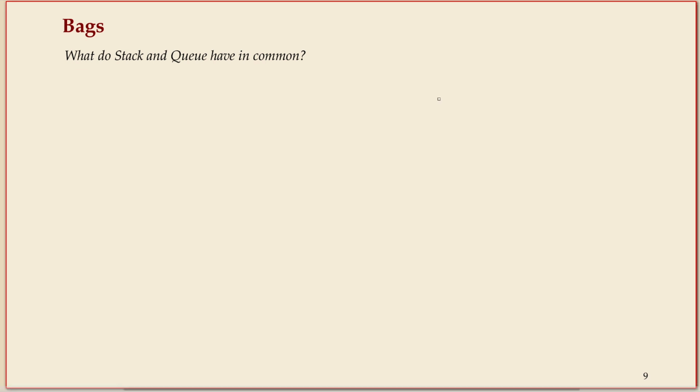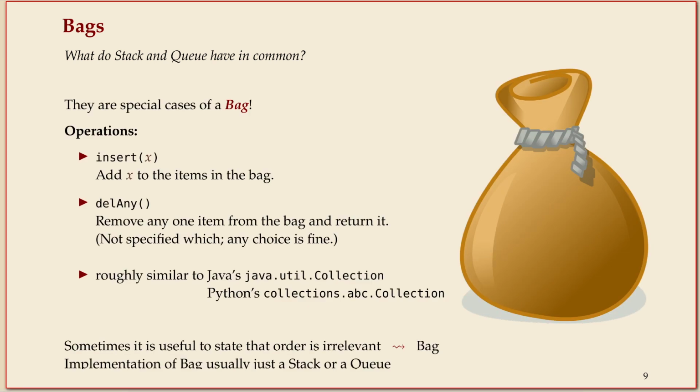Sometimes it's convenient to have an abstraction that captures both of these. What they have in common is that they're somehow a collection that you can put things in and you can get things out. That's what stacks and queues both do. So they both have an insert operation, even though it has been given a special name. And there's a way to get an element out.